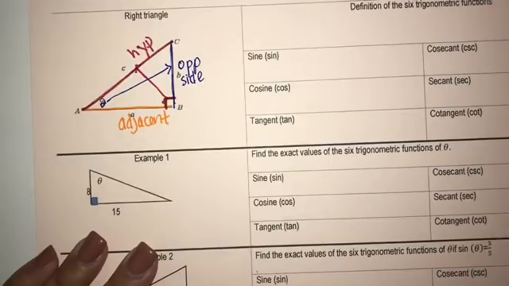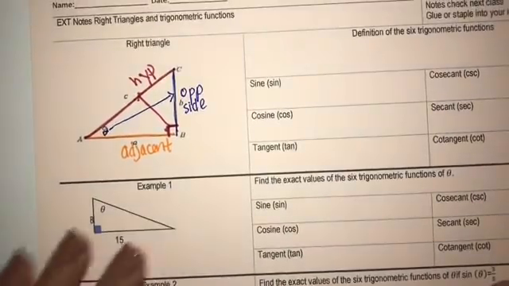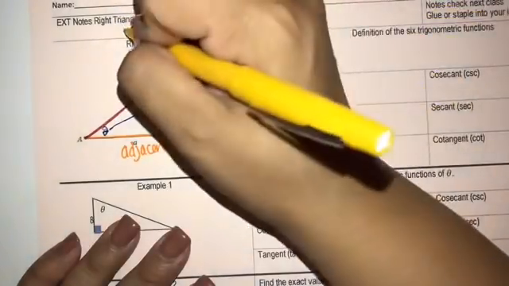Always remember that you're going to be using the Pythagorean theorem. So you're going to be using a squared plus b squared equals c squared.